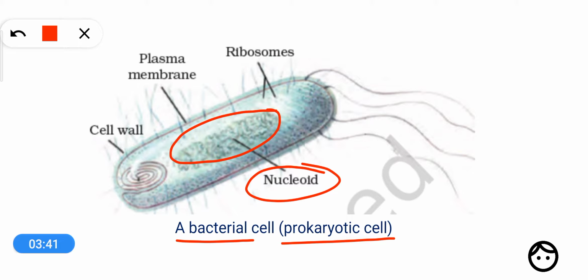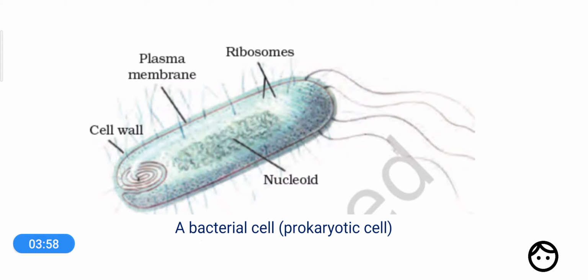So this nucleoid is actually just a long DNA molecule, a long chromosome that has been coiled very tightly, very condensed. So nucleoid is just a single chromosome of the bacterial cell or prokaryotic cell, which is not enclosed inside a nuclear membrane or nuclear envelope.